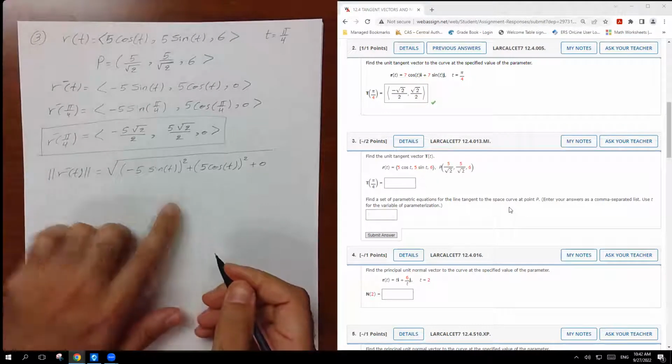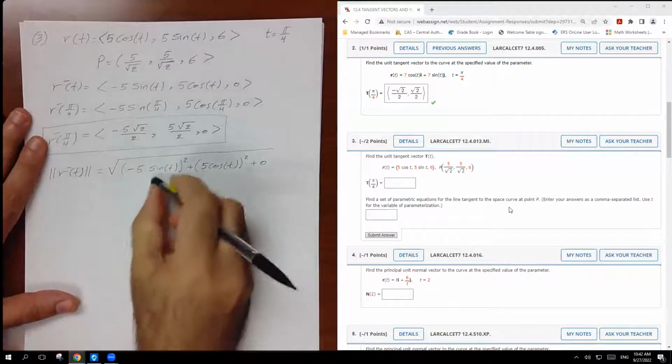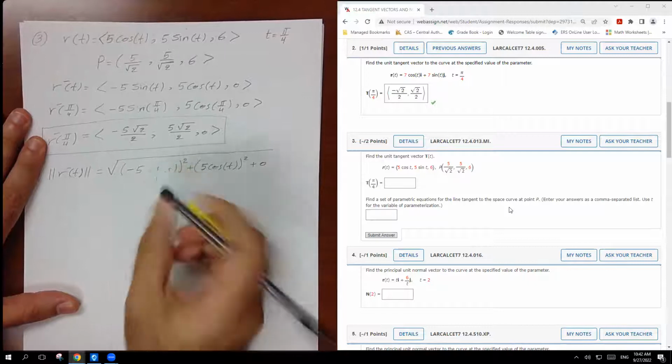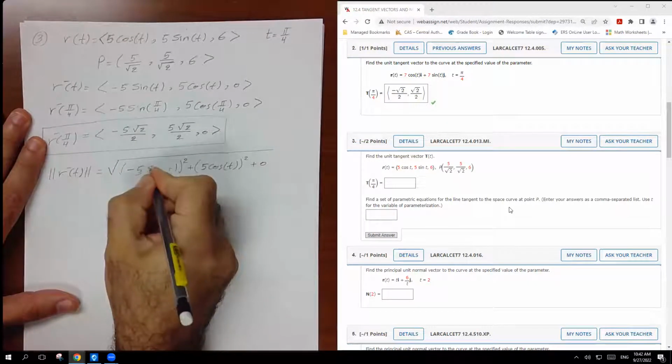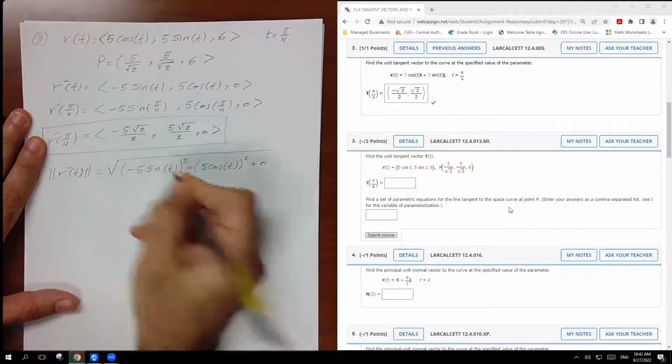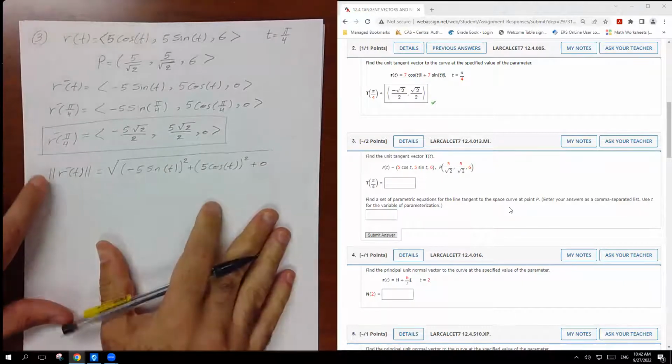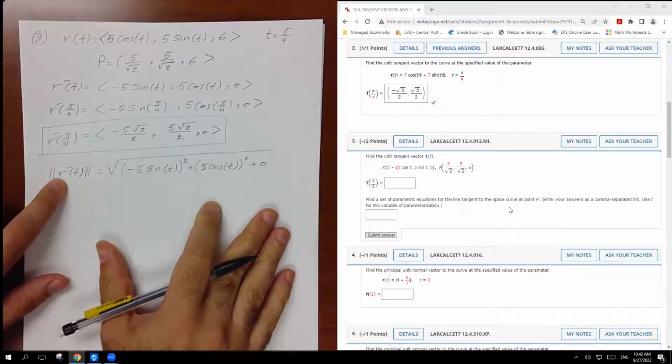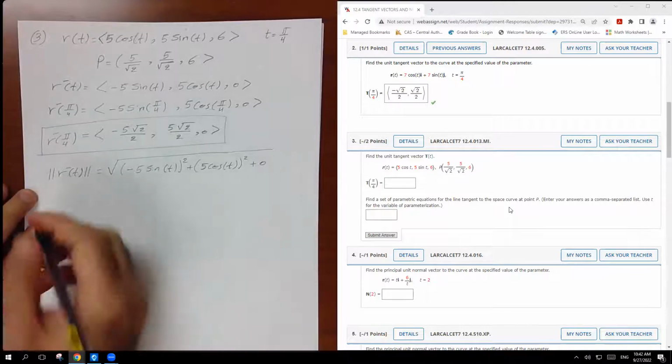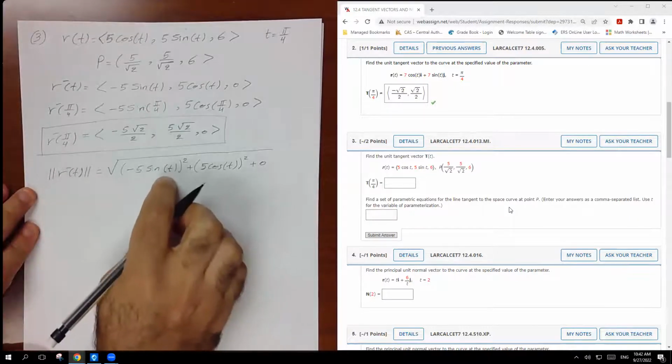You can keep it like this because in the next step you don't have to simplify it, since you're going to find the length of the derivative at pi over 4. That means I'm going to plug in pi over 4 right away here.